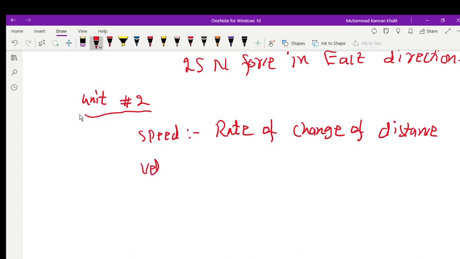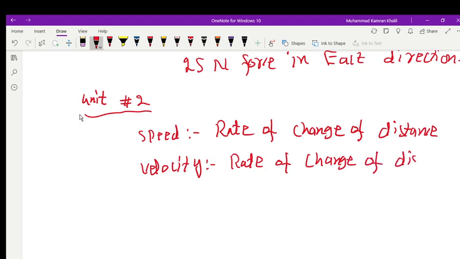So velocity is rate of change of displacement.